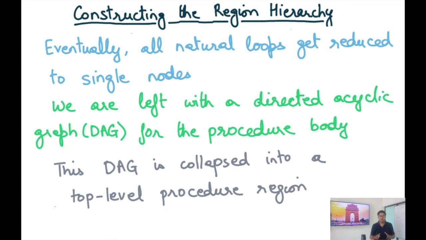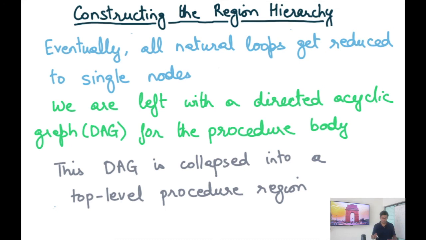Eventually, all natural loops would get collapsed into single nodes. Recall that we are only discussing reducible graphs, so all cycles are loops, and we already have algorithms to reduce or collapse all loops into single nodes. And so at the very end, we are going to be left with a directed acyclic graph for the procedure body.